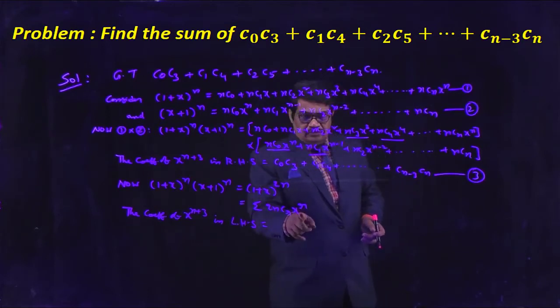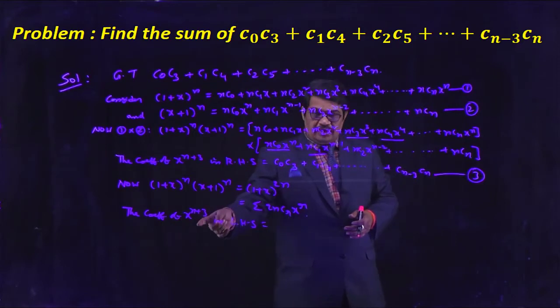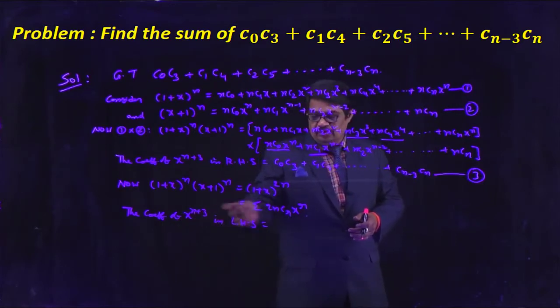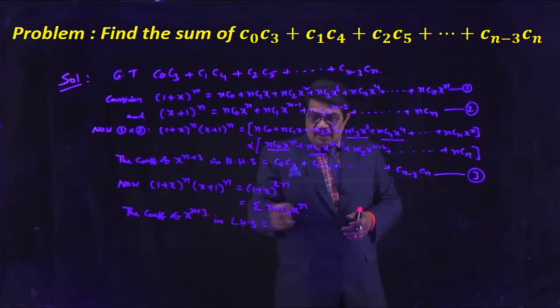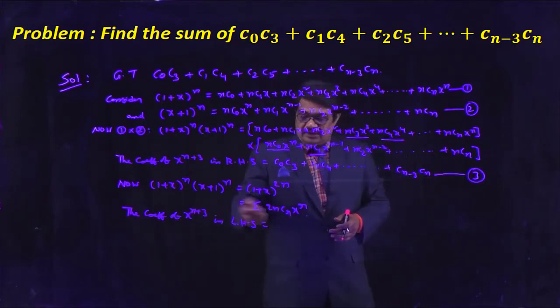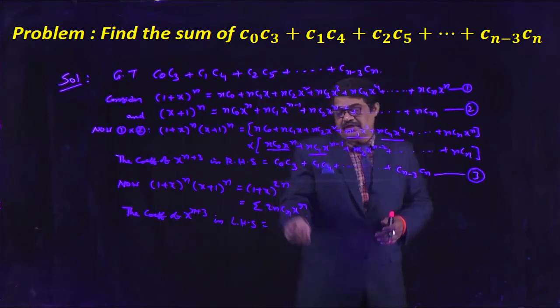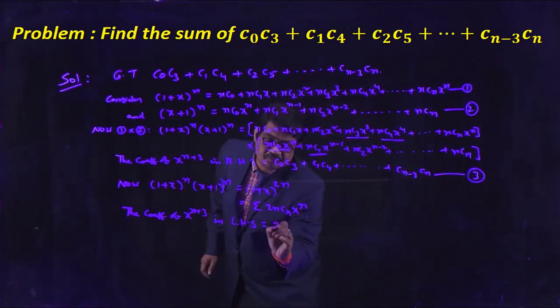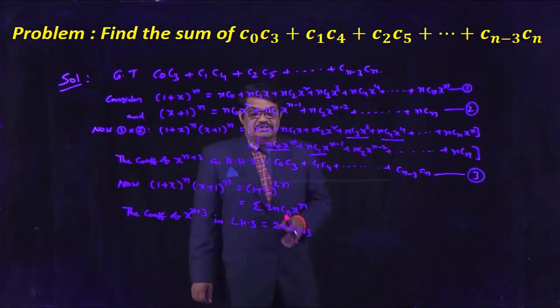We are finding the coefficient of x power n plus 3, so in the place of r we write n plus 3. Put r is equal to n plus 3, then the coefficient is 2n C n plus 3.